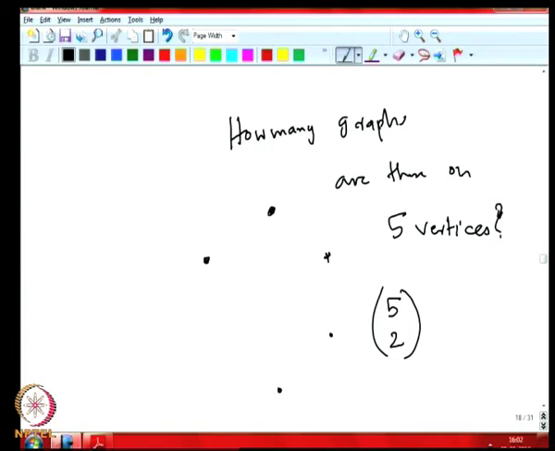How will you express this thing? I will list down all these possible edges. For instance, this is V1, V2, V3, V4, V5.